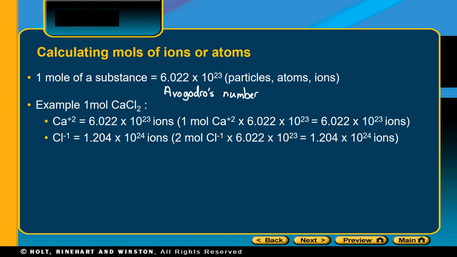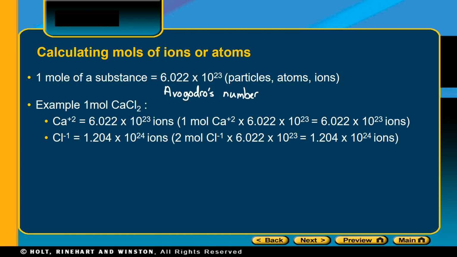All right, and so we can put this in the context of any compound. All right, so if I go back to my example that I used earlier, calcium chloride, and I wanted to know how many atoms or how many ions, calcium ions, are in 1 mole of CaCl2.